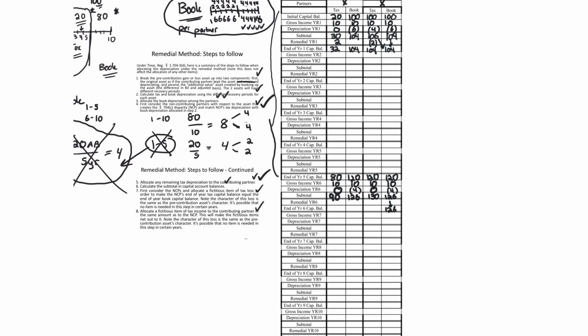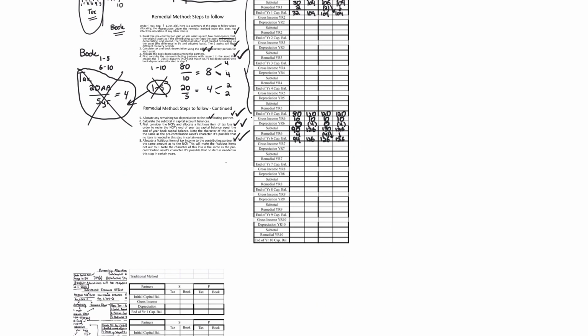So now we need to go from 130 to 126. So how do we do that? We give -4 to the non-contributing partner. We have to give a remedial in step 8. We have to give a +4, same character as the depreciation, ordinary, to the contributing partner. So that's going to be 126, 126, 94. That's going to be the same for years 6 through 10.